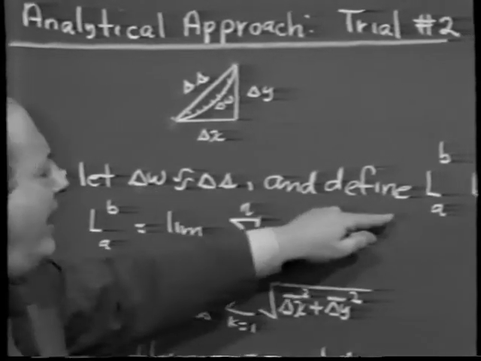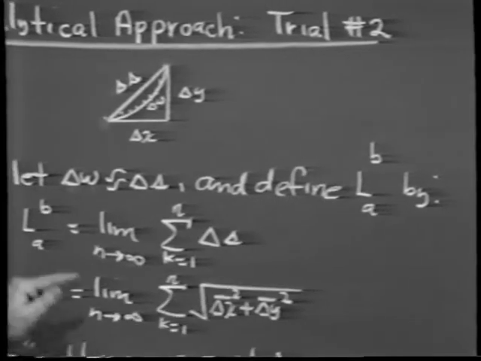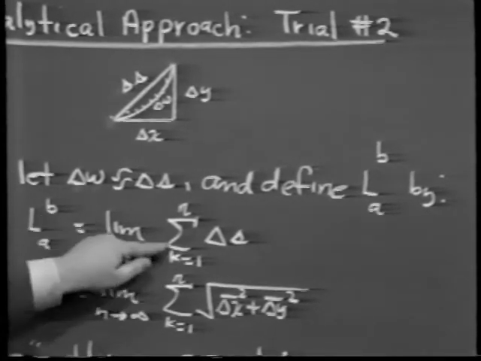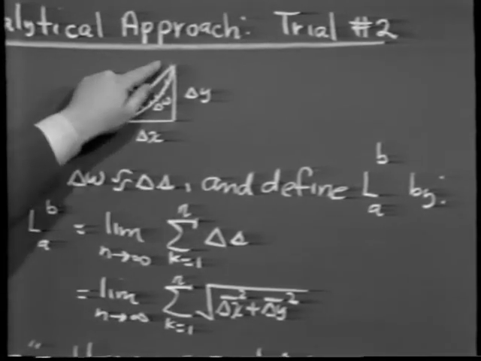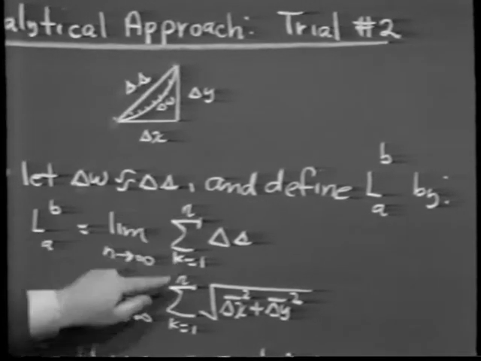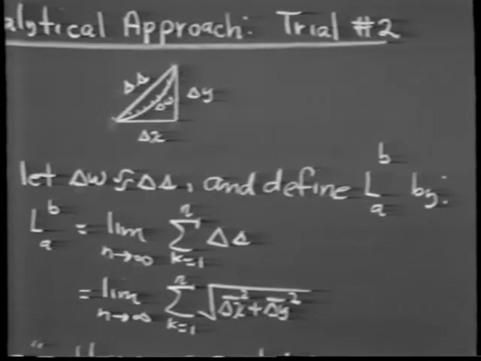And we'll now define L from A to B to be the limit, not of the sum of delta X's now, but the sum of the delta S's as k goes from 1 to n, taken in the limit as n goes to infinity.